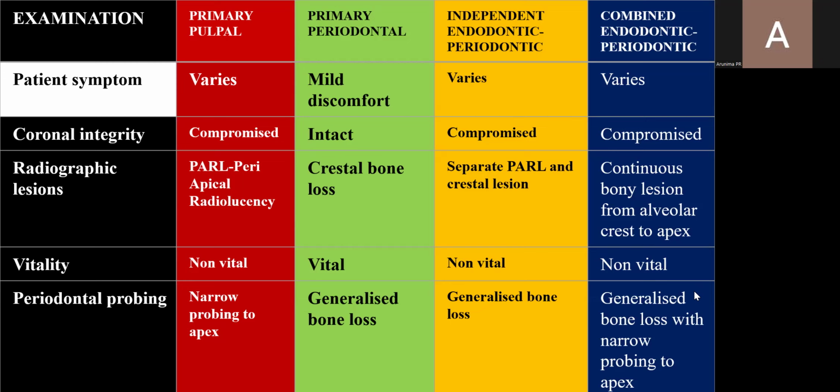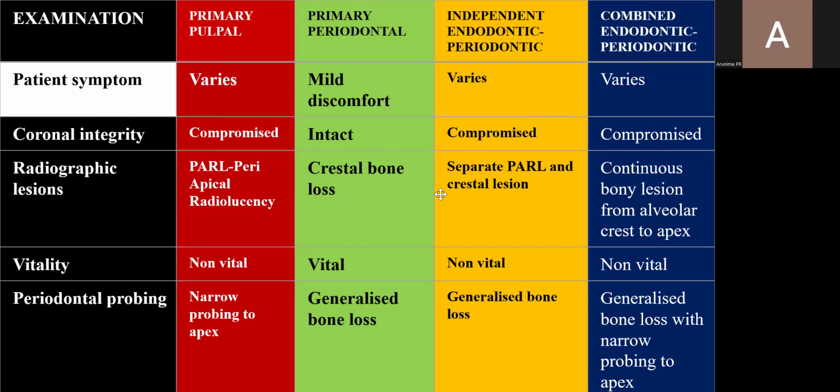When you look at the combined endo-perio lesions, you can see a continuous bony lesion from the alveolar crest to the apex. And vitality, as everybody knows, the primary periodontal lesion will always be vital, whereas when there is an endodontic component added to it, the tooth vitality will get compromised.